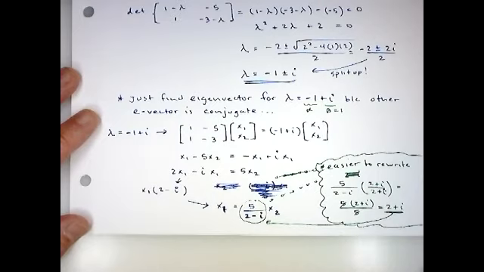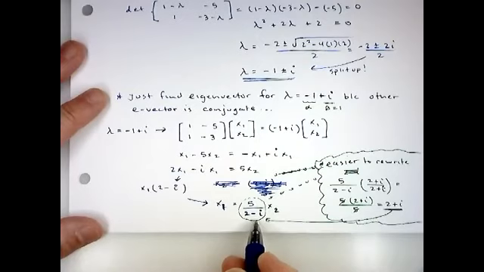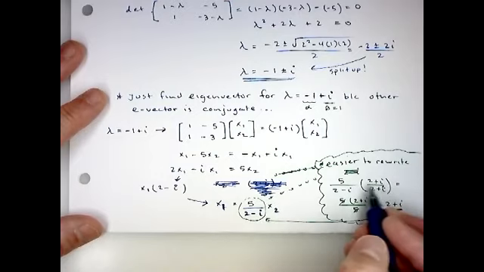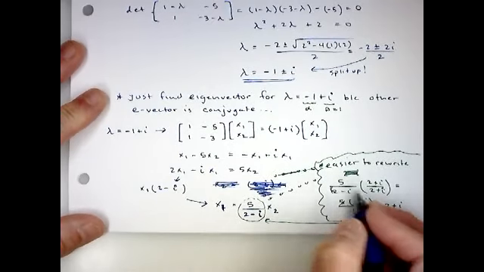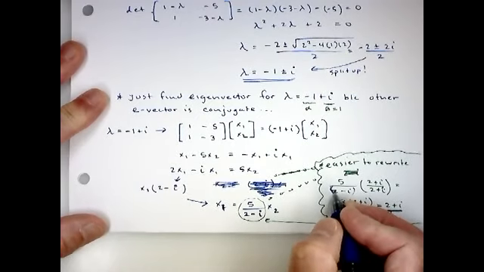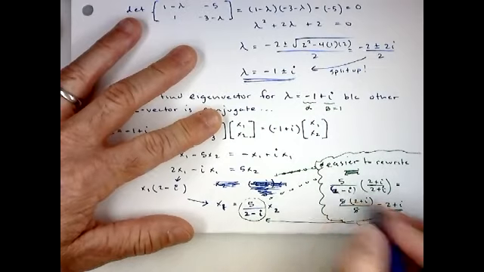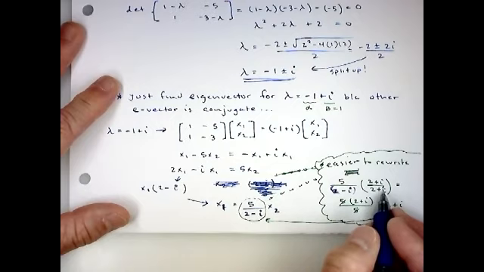One thing with imaginary numbers, we usually don't want to have them in the denominator. There is a way to get that out of the denominator. Remember, i is the square root of -1. So the old trick of the conjugate: if I multiply top and bottom by 2 plus i, the way that works is in the denominator, 2 minus i times 2 plus i gives me 4 minus i squared.